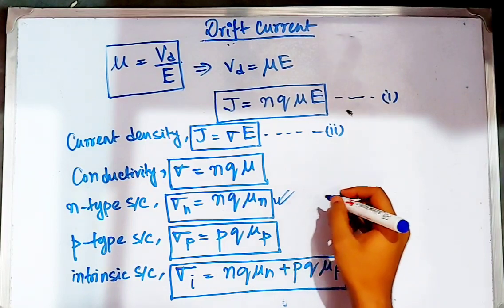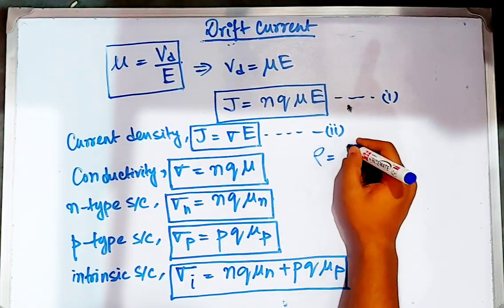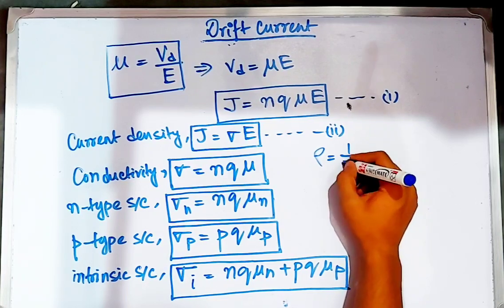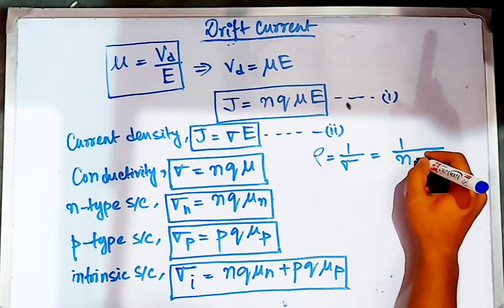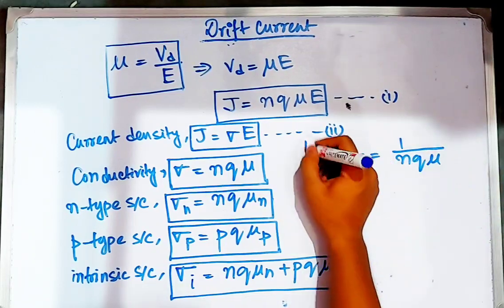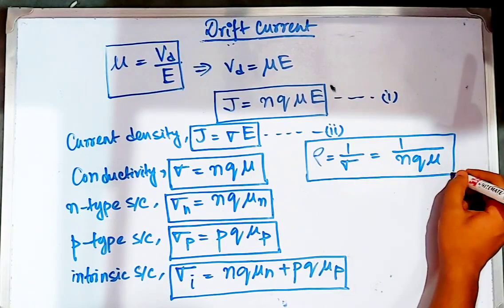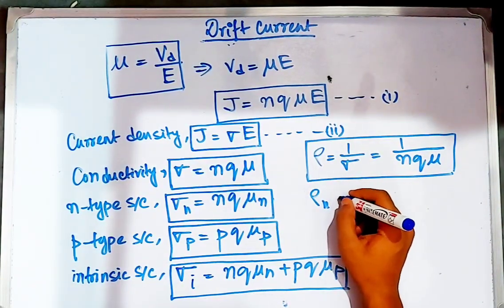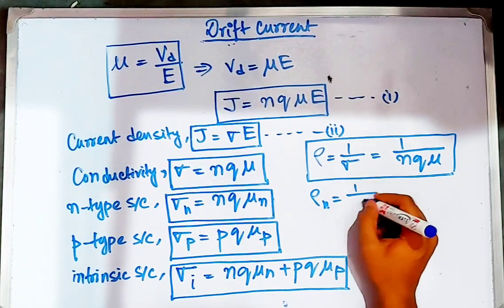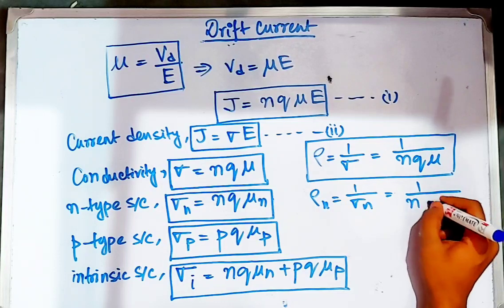So if I talk about the resistivity, then resistivity is the reciprocal of conductivity. So if I talk about the resistivity for an N-type semiconductor, then that is 1 by sigma n, and that is equal to 1 by n q mu n.